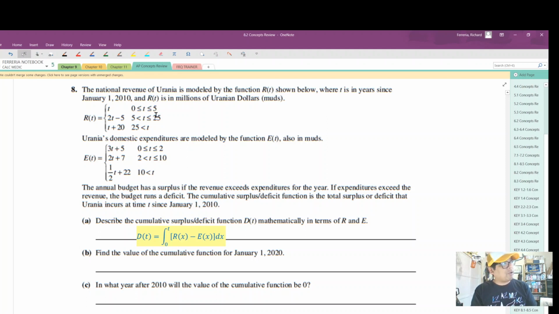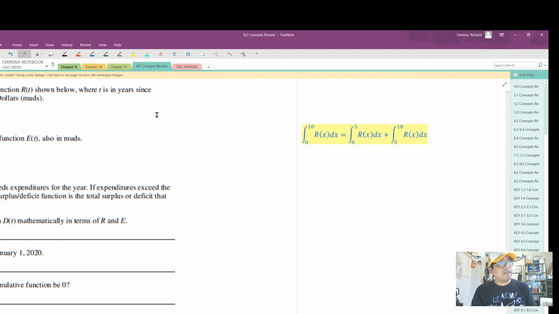The next break occurs at 25, so if I want to get the area from 0 to 10, which of course is the same thing as the integral, I'm going to have to find the area from 0 to 5 first, and then find the area from 5 to 10, and then add those two areas together. That's what you see here, the integral from 0 to 5 plus the integral from 5 to 10.